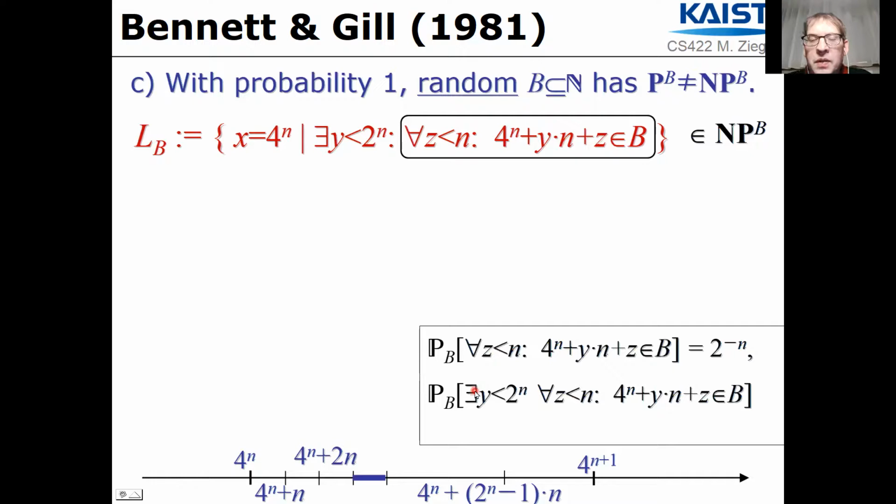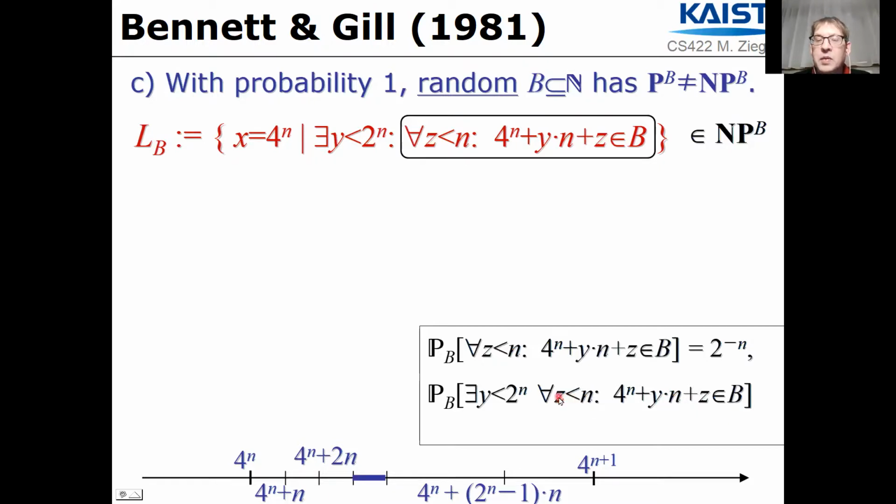And observe that we cannot just use the union or the sum of all these, because the sum is only an upper bound to the probability. Instead, we move on to the complement of that event, right? The complement of the event says for all y less than 2 to the n, there exists a counterexample.